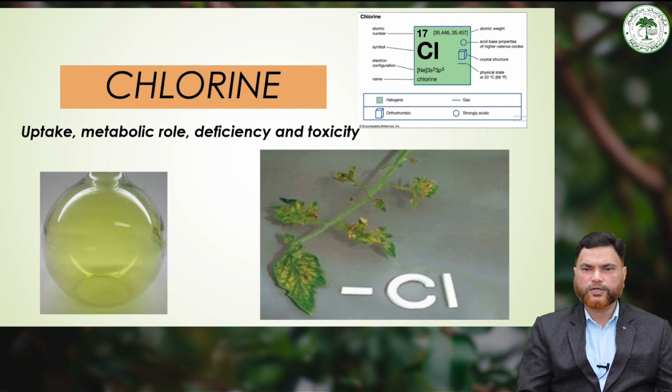Chlorine occurs more prominently as the chloride ion in soils and plants, and it is very abundant in the form of an inorganic anion present in the plant cell. Moreover, higher plants could contain chlorinated organic compounds, and their number could be up to 130.